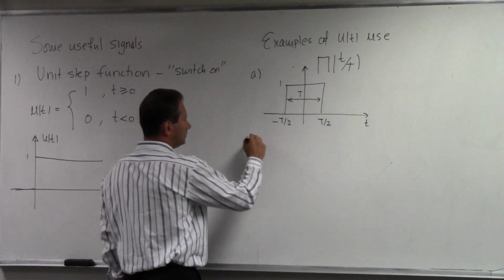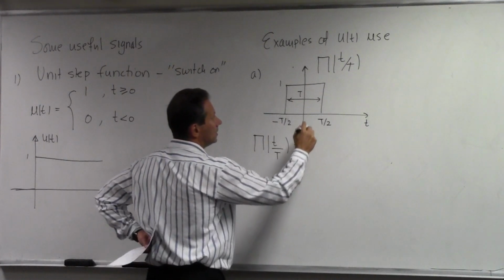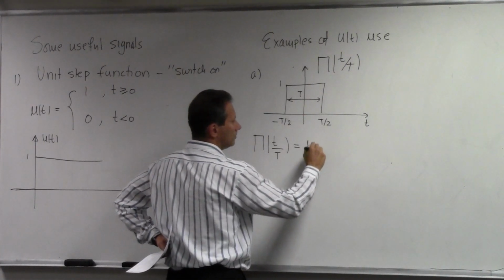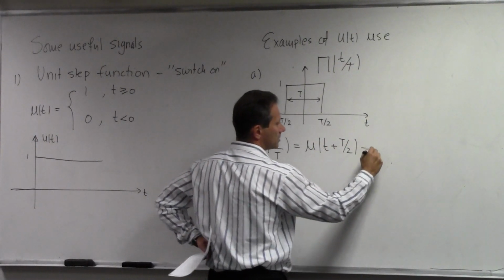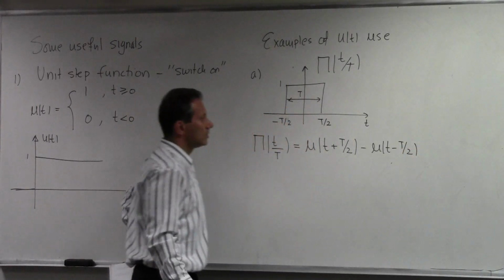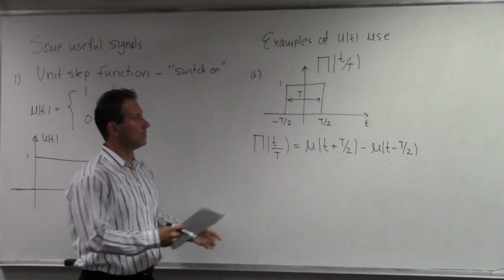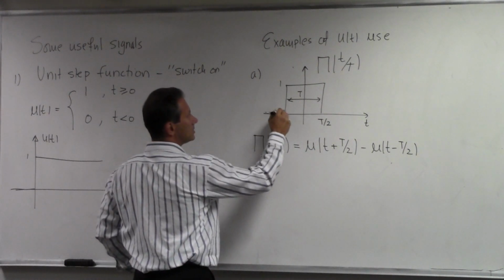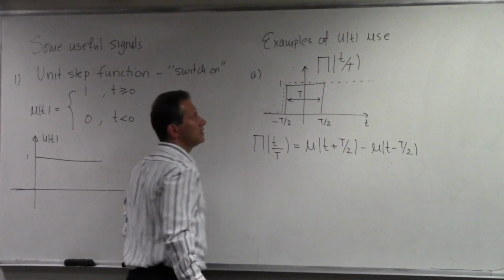The pulse p(t/T) can actually be seen as u(t + T/2) minus u(t - T/2). In other words, this pulse can be seen as built out of two step functions. One is the step function that starts at minus T/2 and goes like this.